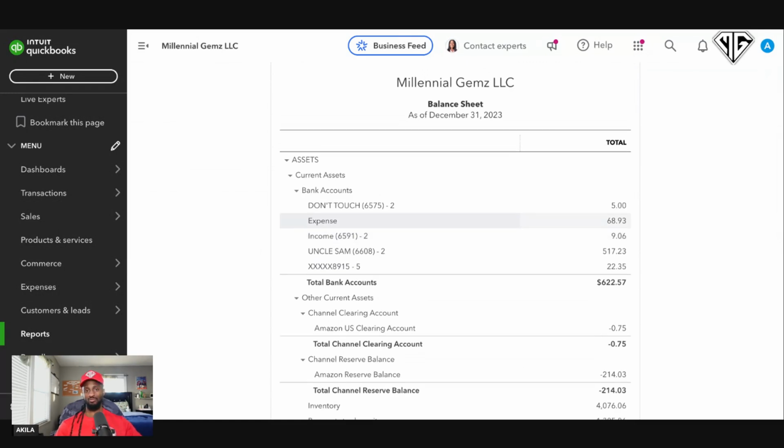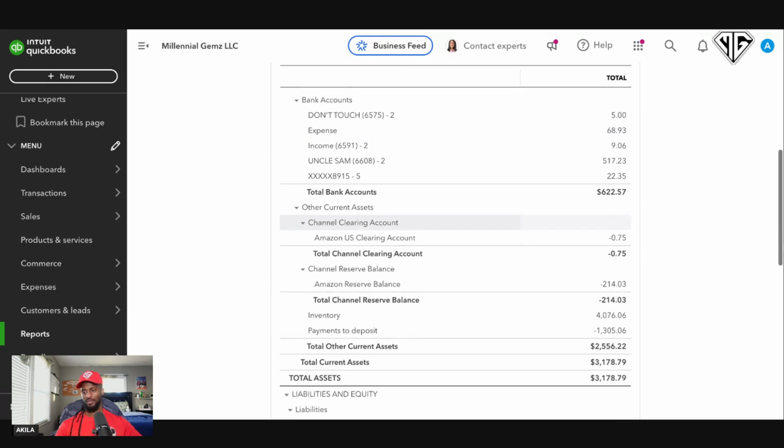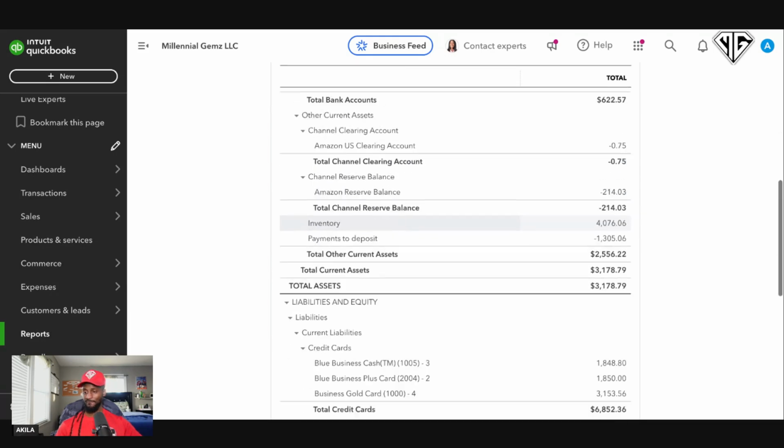For those of y'all who do stocks and stuff like that, you really want to look at the balance sheet of the company so you can see how much money they're spending and how much money they're bringing in. Like I said, the balance sheet shows you the financial health of a business, whereas the profit and loss sheet is going to show you the performance of it. So that's the difference between the two, and that's how you read it.